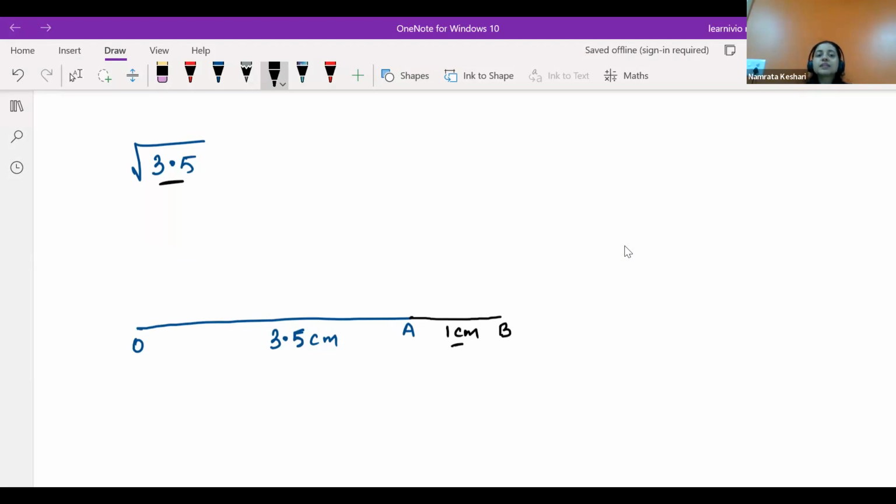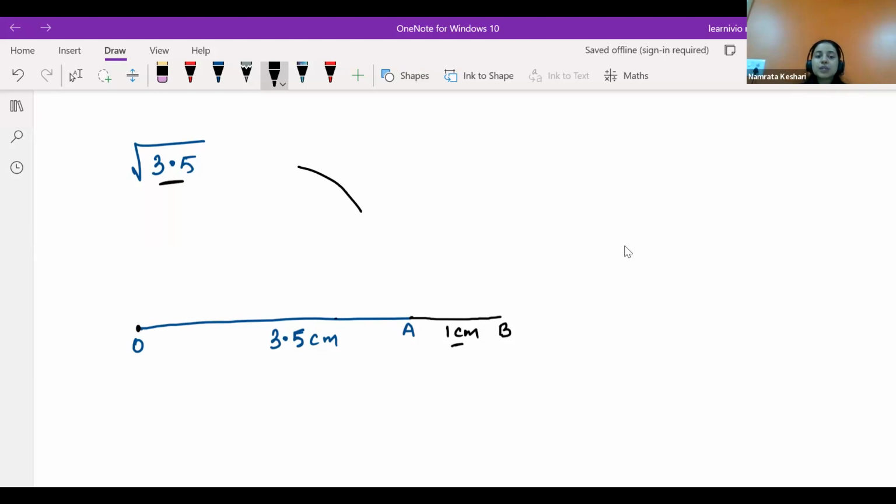Now we will divide this line OB in two equal parts. How? If you are having a compass, you can place the compass at the point O. Measure more than half.